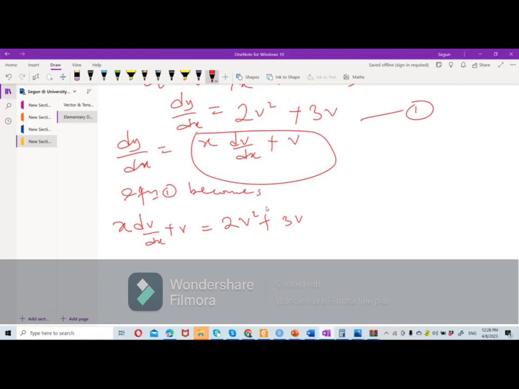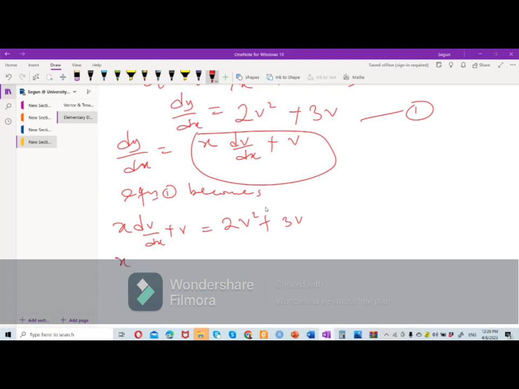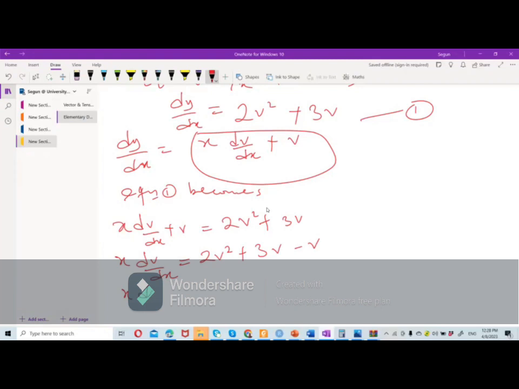So at the end of the day, if I take this one to the other side, we have x dv/dx equals 2v squared plus 3v minus v. So I have x dv/dx equals 2v squared plus 2v.